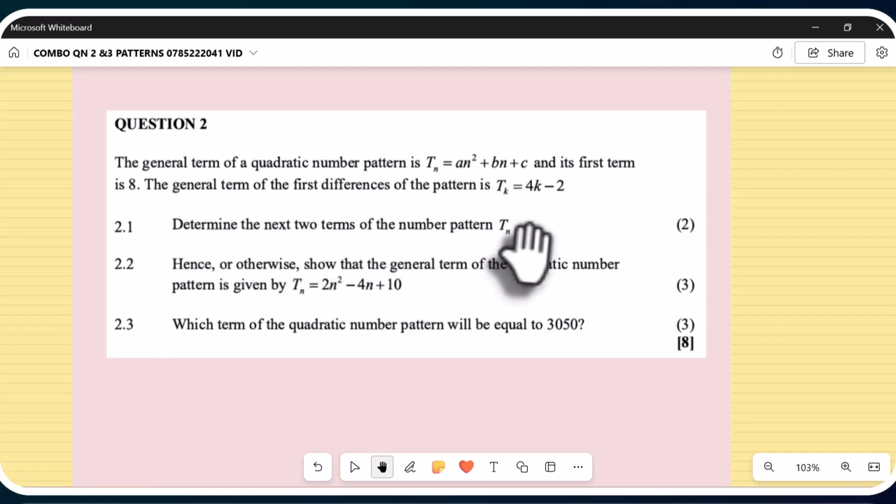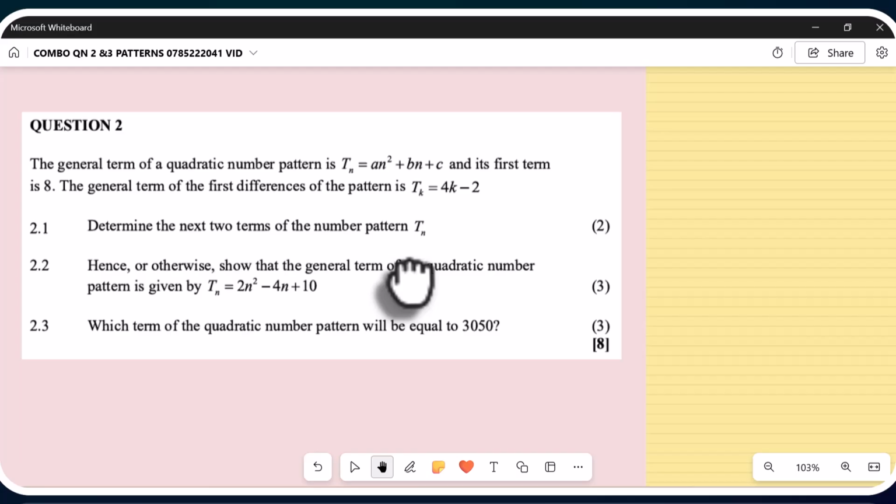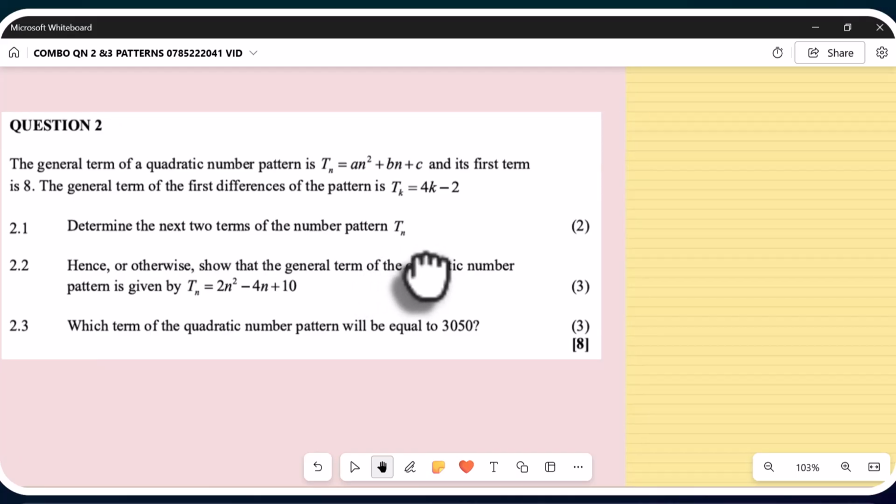So the 10 minus 8, I get a 2 here. And then the 16 minus 10, I get 6 here. And then 6 minus 2, I get a 4 here. So in other words, we said that our Tn for the quadratic is an squared plus bn plus c.